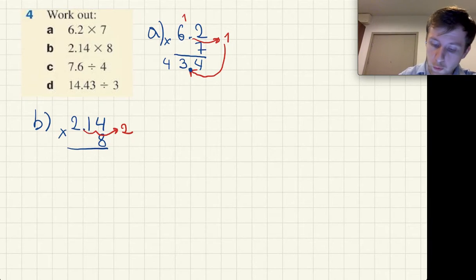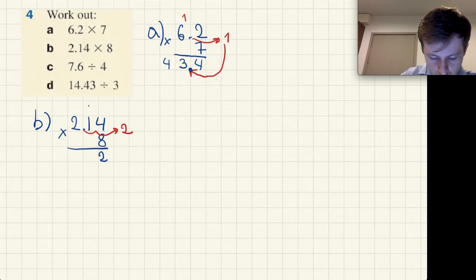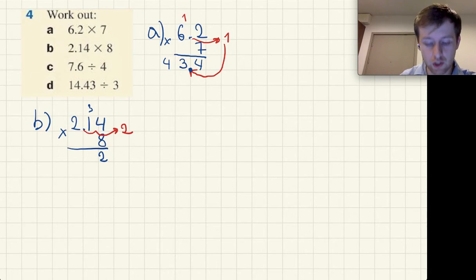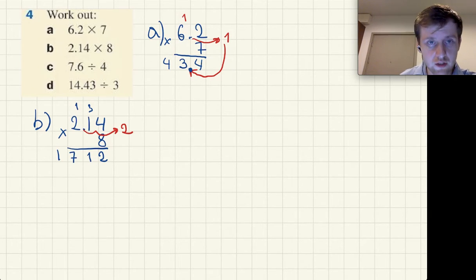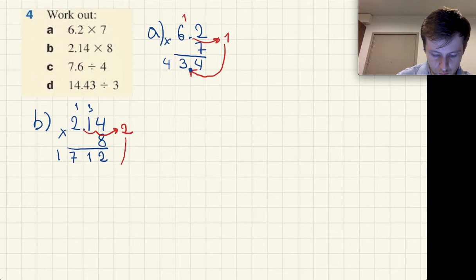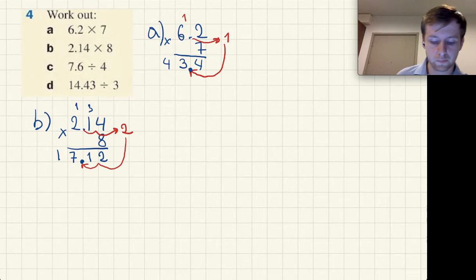So 214 times 8 is what we're supposed to do. 4 times 8 is 32, right? 2 keep 3. 1 times 8 is 8, plus 3, 11, right? 1 keep 1. 2 times 8, 16, plus 1, 17. So it's 1712. Nope. It's actually 17.12. So these two places come back to where they are supposed to be. And the answer is 17.12.